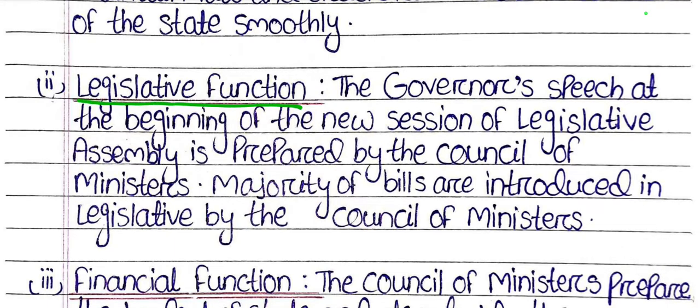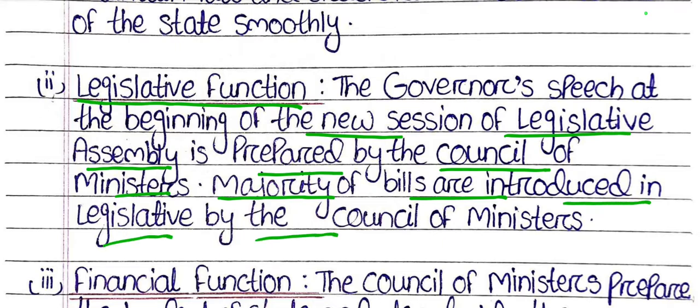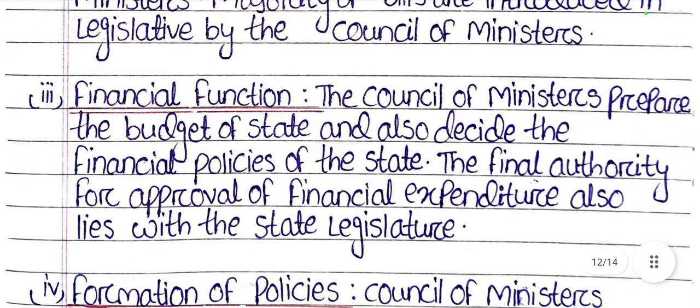Then legislative functions. The governor's speech at the beginning of the new session of legislative assembly is prepared by the council of ministers. Majority of bills are introduced in legislature by the council of ministers. So financial function.